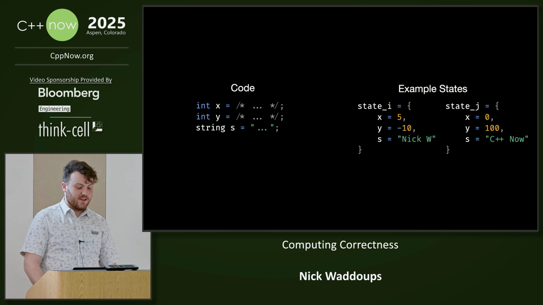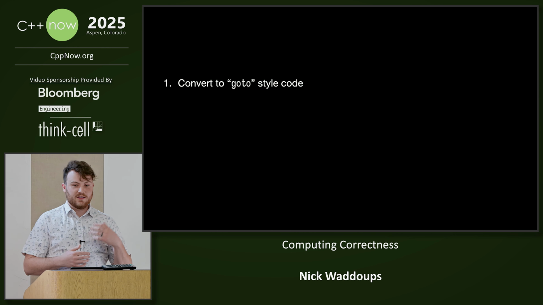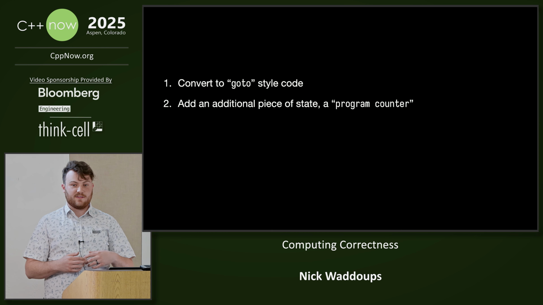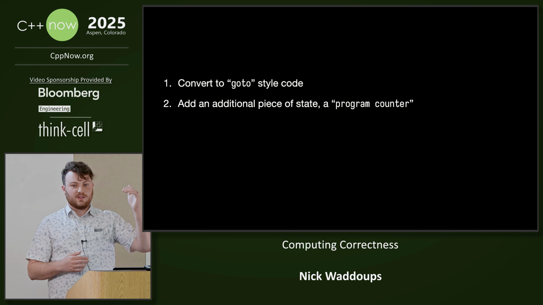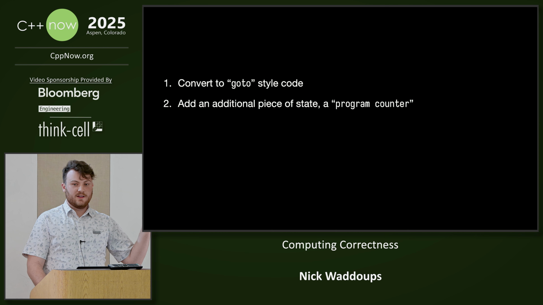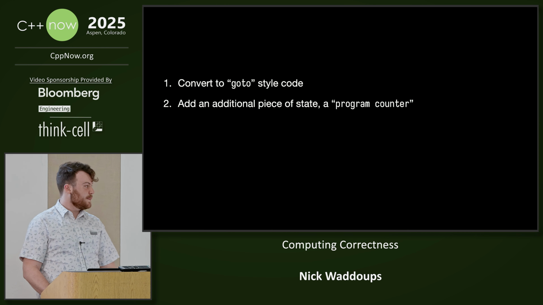To enumerate all the possible states, we go through a couple of steps. First we take our code and we need to convert it into a go-to style. So we need to remove all of the loops and instead add labels and go-tos. We do this because then we need to add an additional piece of state information, which is the program counter. The program counter keeps track of what line we're actually checking on before we progress to the next state. These 2 steps are both part of, in the previous flowchart, converting your code into a formal model.